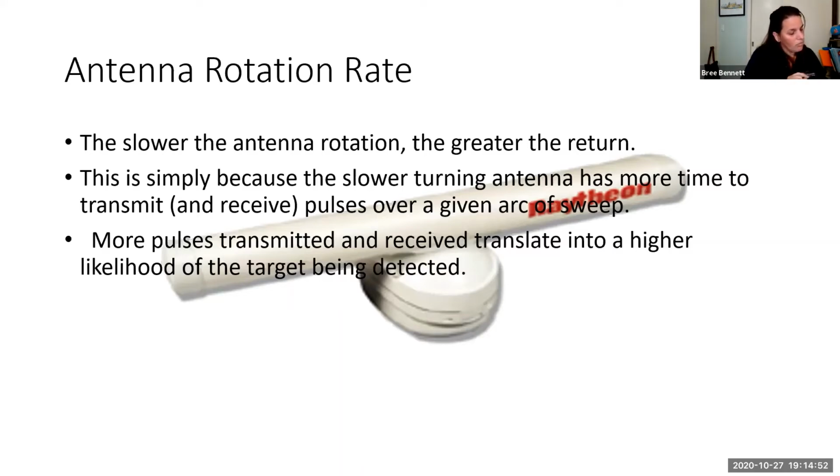The antenna is rotating 15 revolutions per minute. So 15 revolutions per minute. Having a pulse repetition rate of 800 pulses per second would produce 9 pulses per degree.